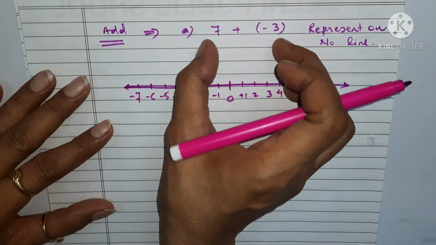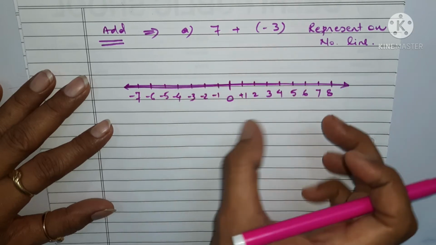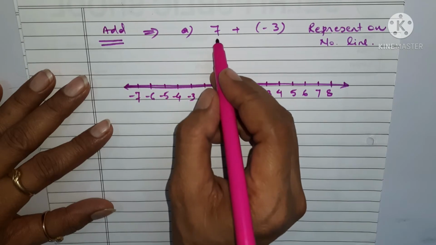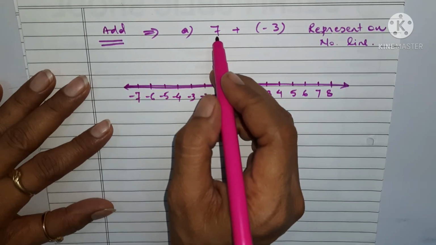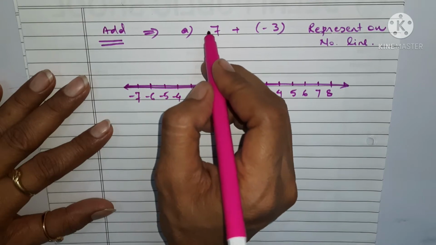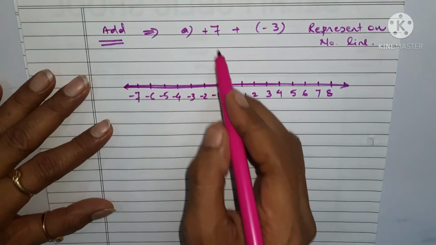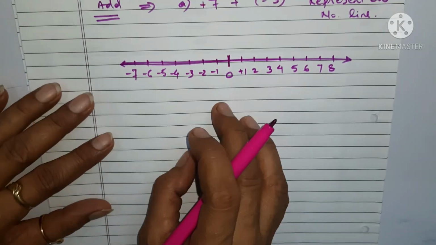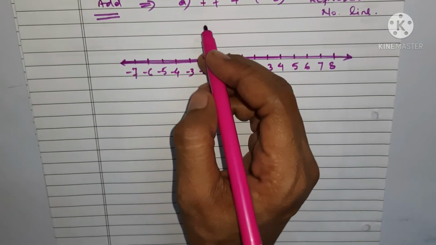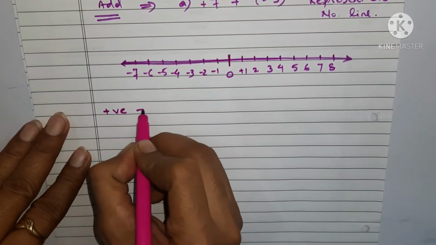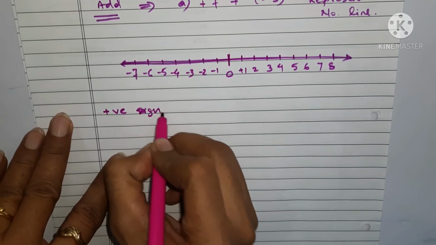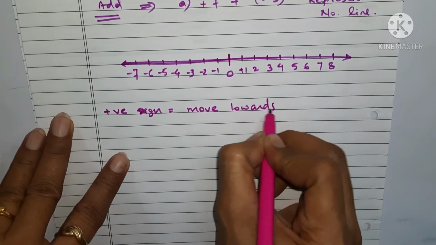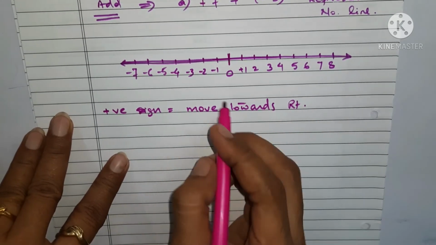Now how to find the value of this on the number line? We'll just see the very first number. What is the first number? It is plus 7, because no sign is there, so we consider it as plus. As I told you previously, if a plus sign is there, you have to move towards the right.